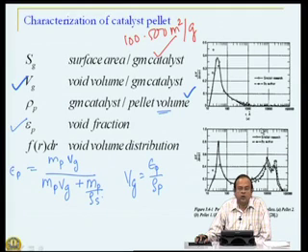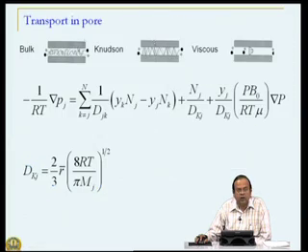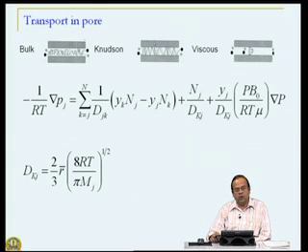Now, before we turn our attention to chemical reaction and look at what happens when the reaction takes place, let's look once again at the transport in the pore. Now, when it comes to transport in the pore, there are three different ways in which gas can flow through the pore. For example, bulk diffusion.